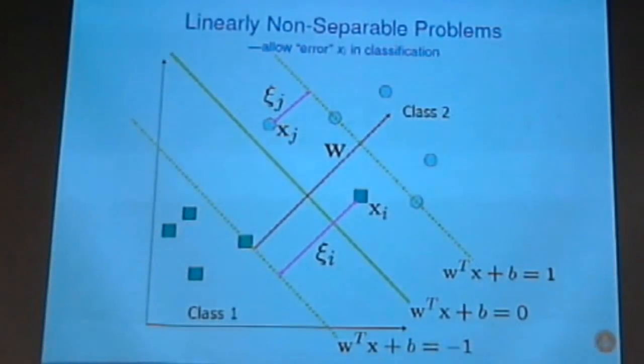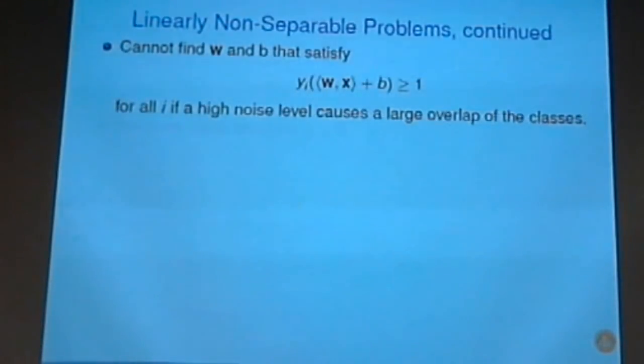Some misclassified identities. So linearly non-separable problems allow some errors, xi, in classification. We cannot find w and b that satisfy this exactly because we have this non-separable case.